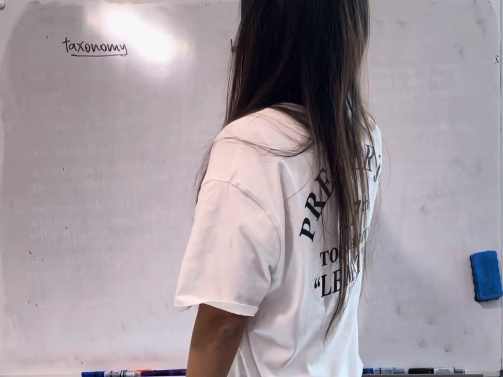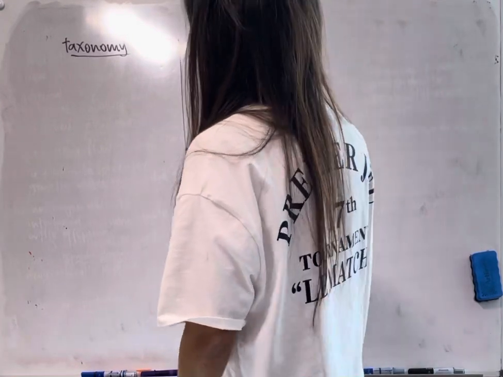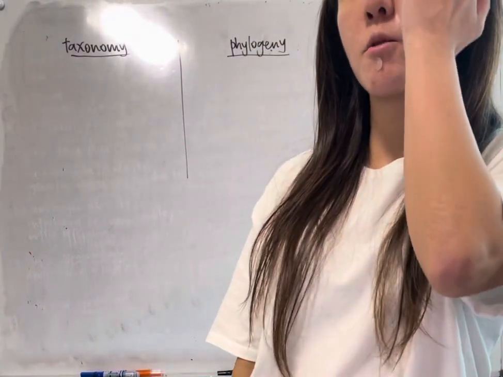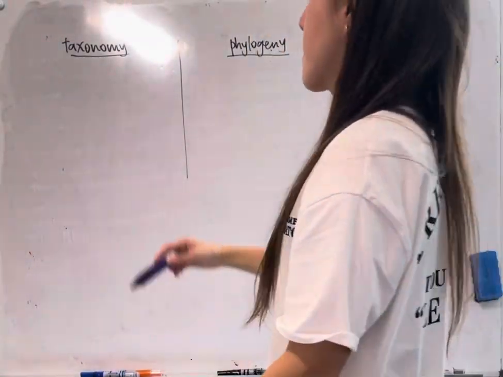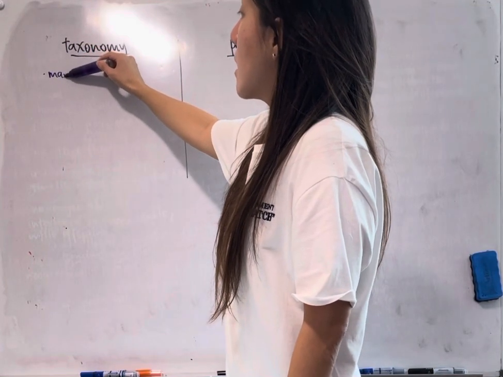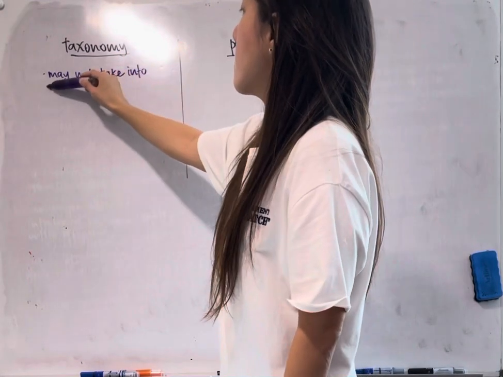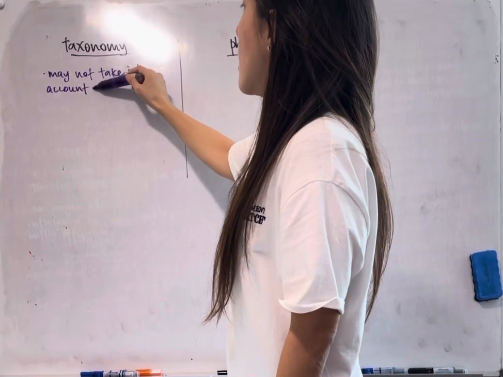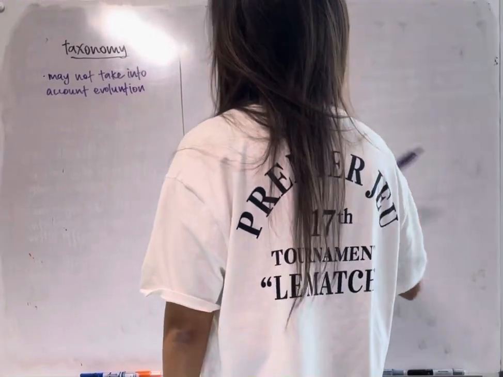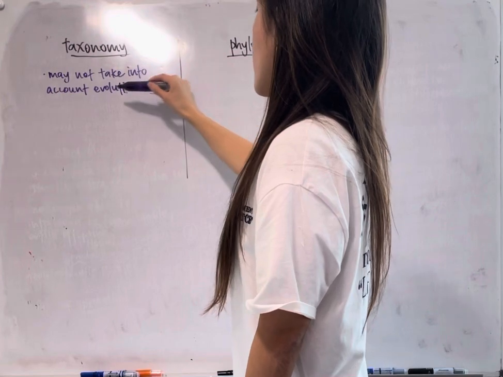There are two different kinds of classifications, and there are two differences between these two types. Do you know what's the first type? When you classify your organisms, it may not take into account the evolutionary history, the evolutionary relationship between the organisms.